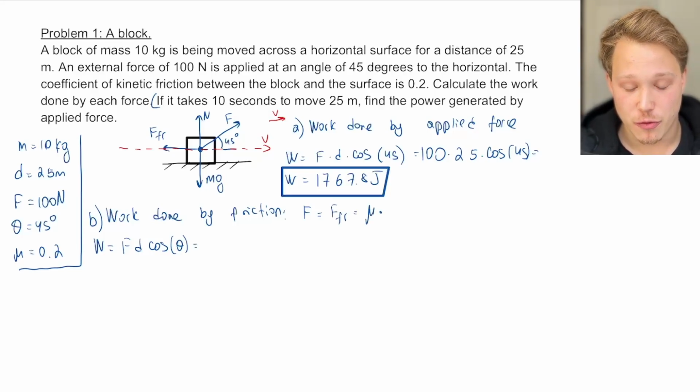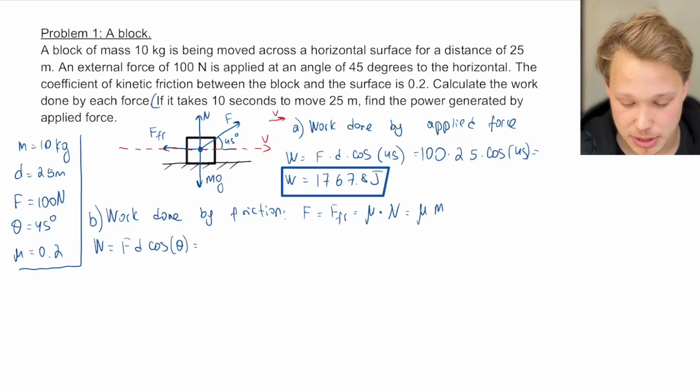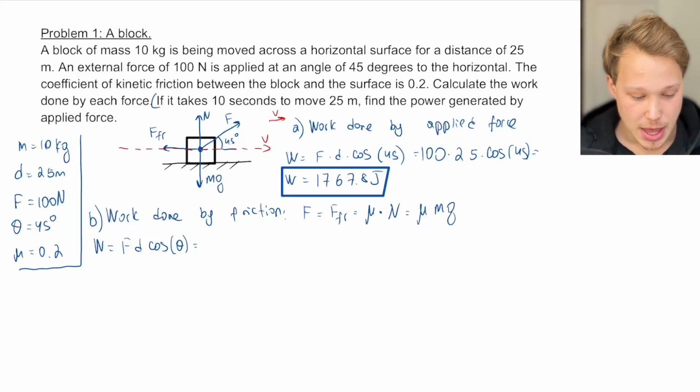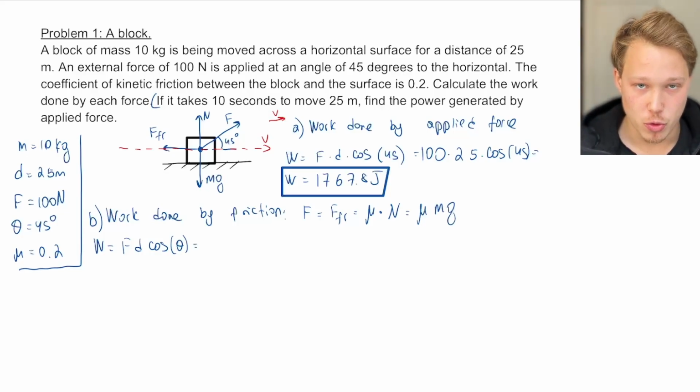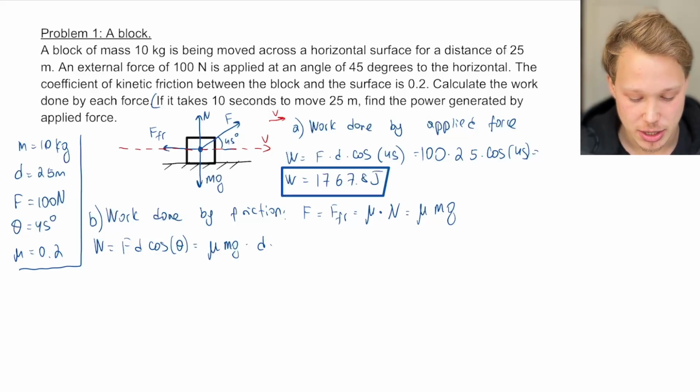The formula for the force of friction is mu times N. As we see here, the normal force is equal to mg. So it's going to be mu times mg. We do know m, we do know mu, the coefficient of friction. So we can plug this in here, and we know the distance or the displacement essentially.